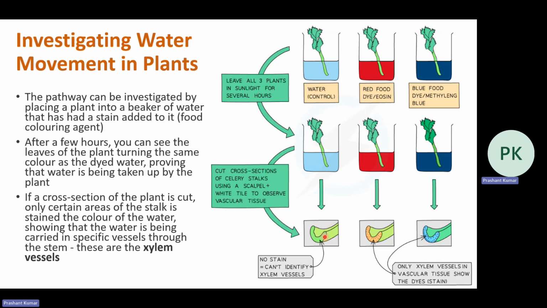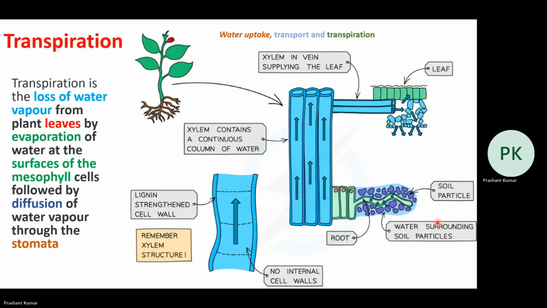You can't identify the xylem vessel because there is no color. But in these two cases, only the xylem vessels in the vascular tissue show the dye, because the dye is dissolved in water, and wherever water goes, dye will also go. This simple experiment can be done in school to help kids understand the process.